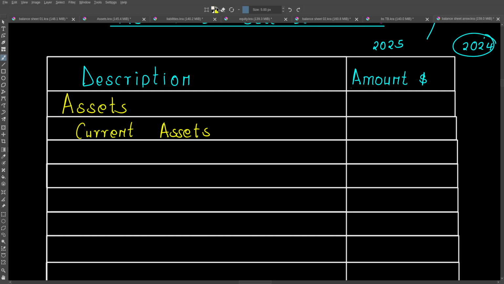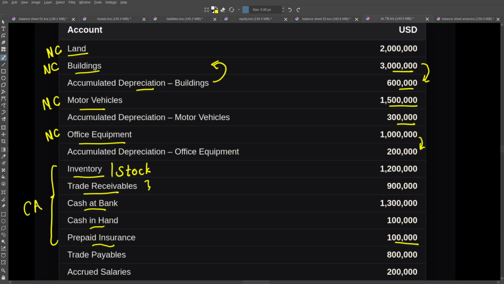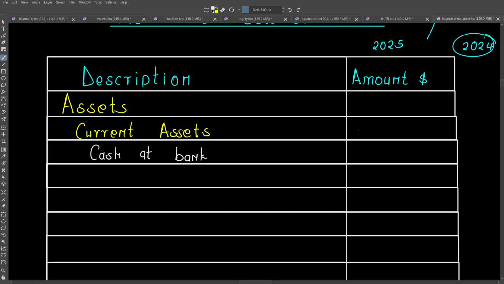We start with cash at bank. What's the amount of cash at bank? We have 1.3 million. Then we have cash in hand, an amount of 100,000.